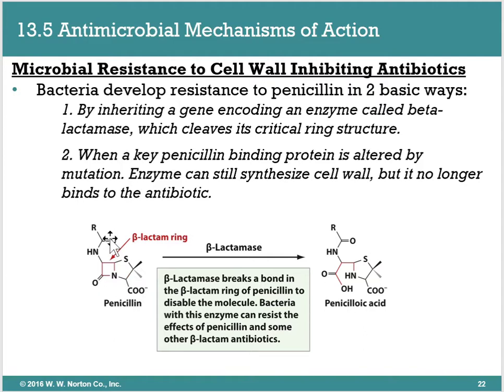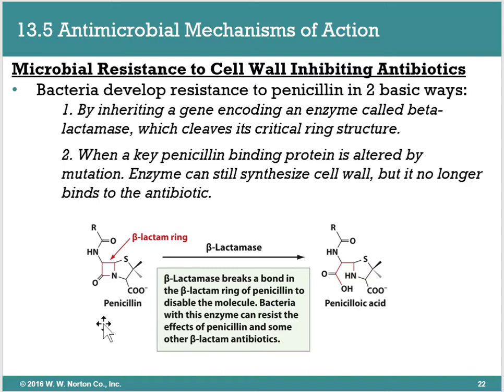The beta-lactam ring is right here, where this N and then there's a box and then an O. The enzyme that a penicillin resistant microbe produces will cleave right here. And with penicillin now cleaved, it's no longer viable. It's no longer penicillin, so it's not doing its job.